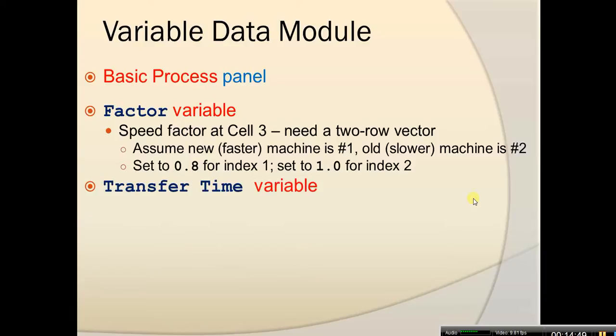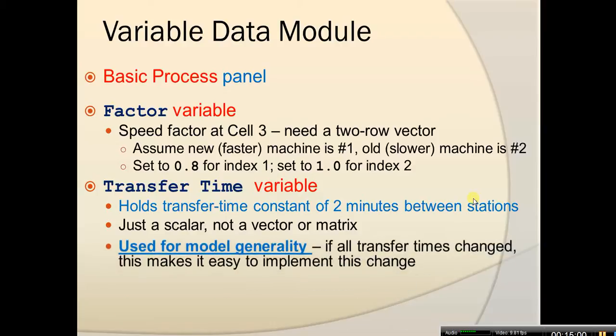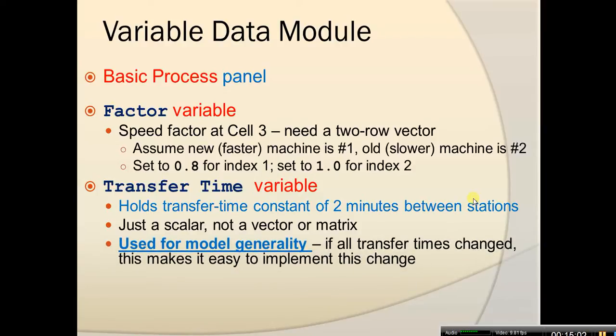We'll introduce also another variable called transfer time, and this variable will hold a transfer time constant of 2 minutes between stations. And this is just a scalar, not a vector or a matrix. It's used for model generality, and it's also convenient later, if we have some kind of change and decide it's not 2 minutes between all the stations but 3 minutes, we can change it.